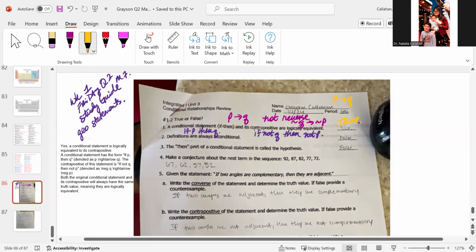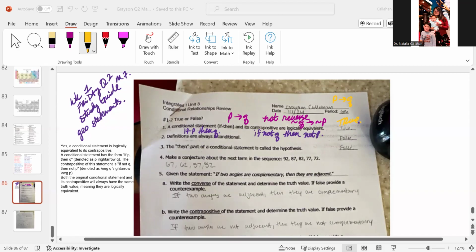Okay. Definitions are always a biconditional. Let's check it out. Are biconditional statements, what does it say?